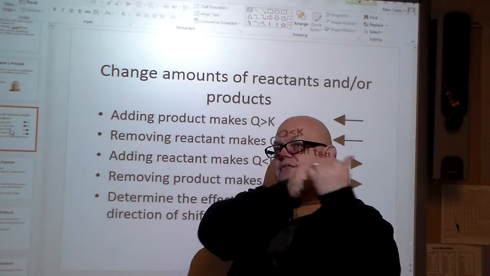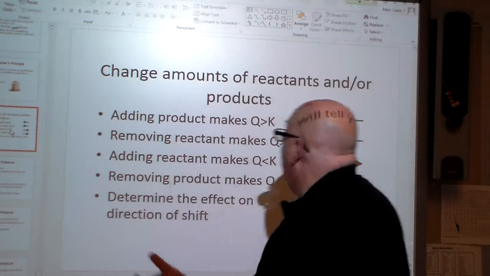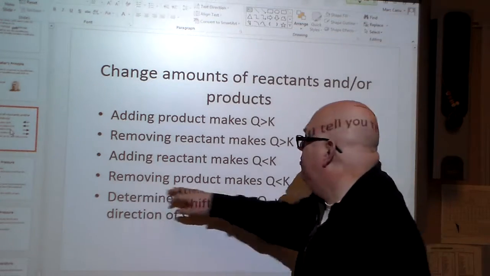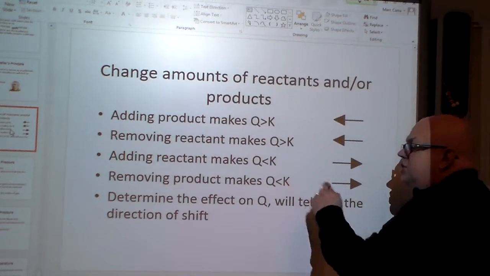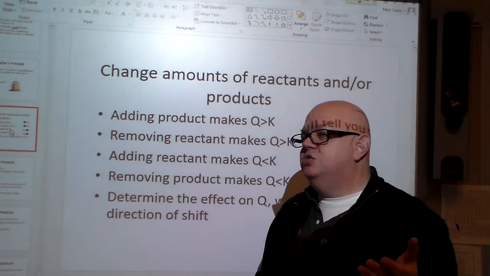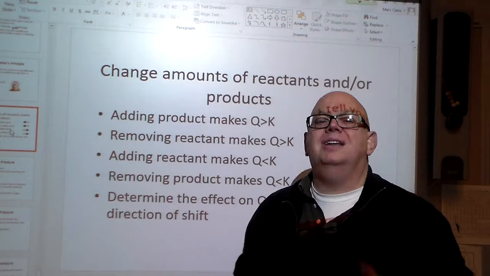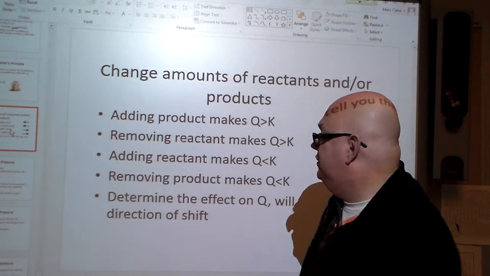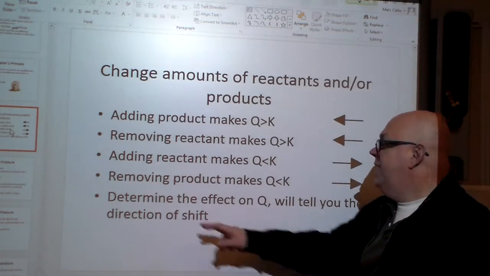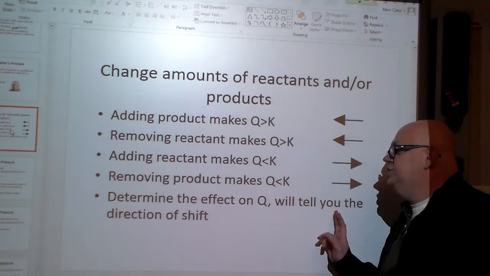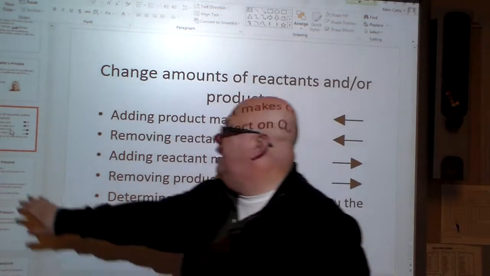It's going to shift to the right to make more product. If we remove product, again, we make the Q less than K, then guess what? That means it's going to shift to the right to make more product, to make up for what was removed. So again, determining the effect on Q is going to tell you the direction of the shift.